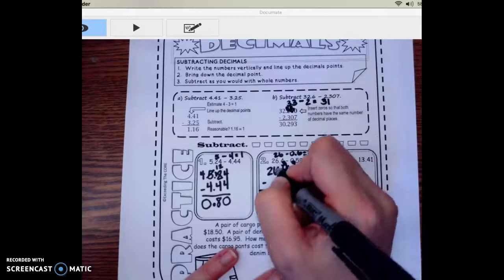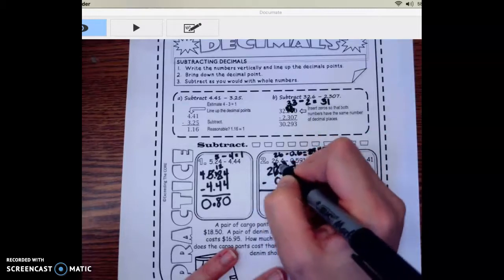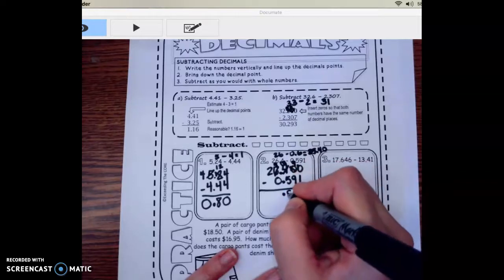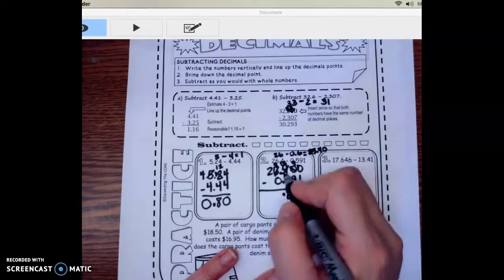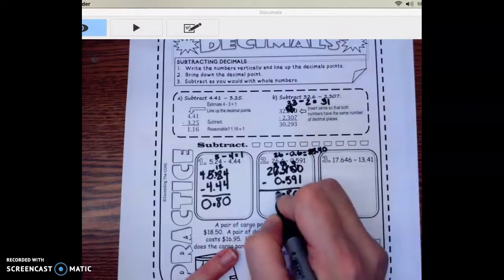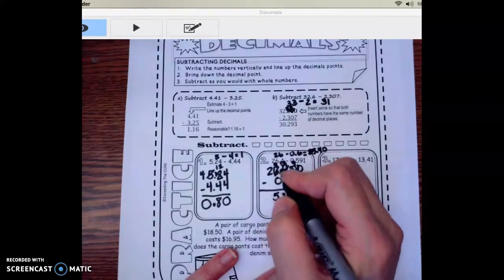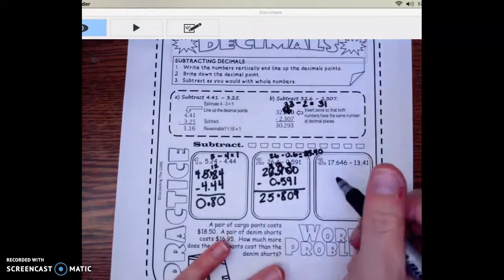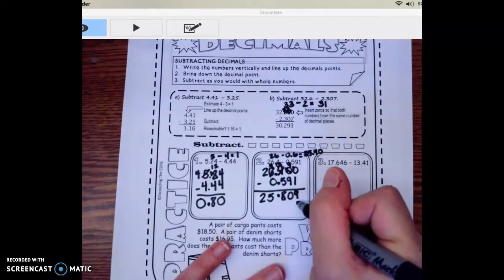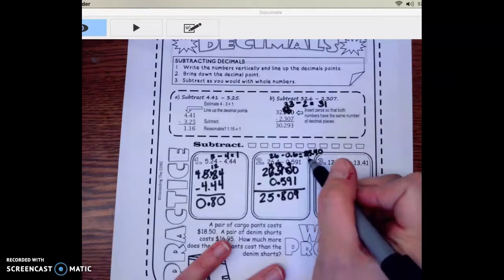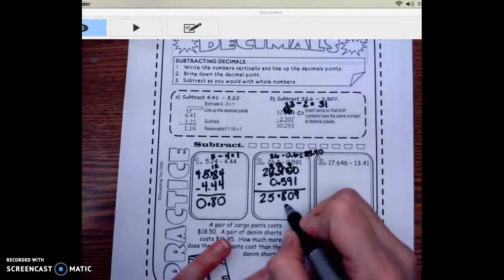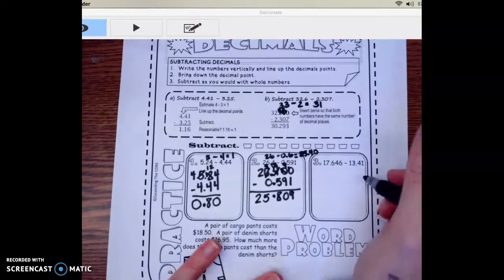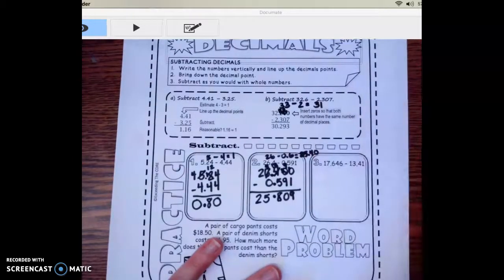Oh, can't do that, so I'm going to have to come over and borrow and make that a 13. It would be an 8. 5 minus 0 is 5, and then 2 minus nothing is 2. So 25 and 809 thousandths is very close to 25 and 4 tenths. So we have a reasonable answer there.